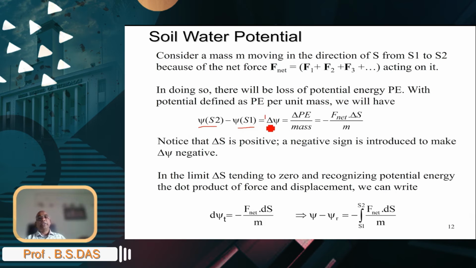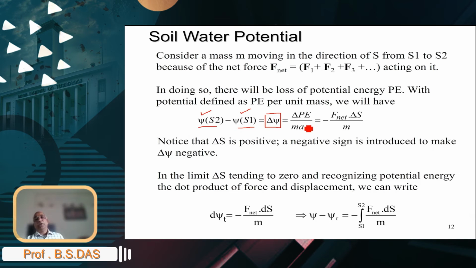And so you will have this delta psi, where psi is defined as the potential energy per unit mass. This delta psi, of course, is going to be less than zero, because this is smaller than the potential energy at S1.